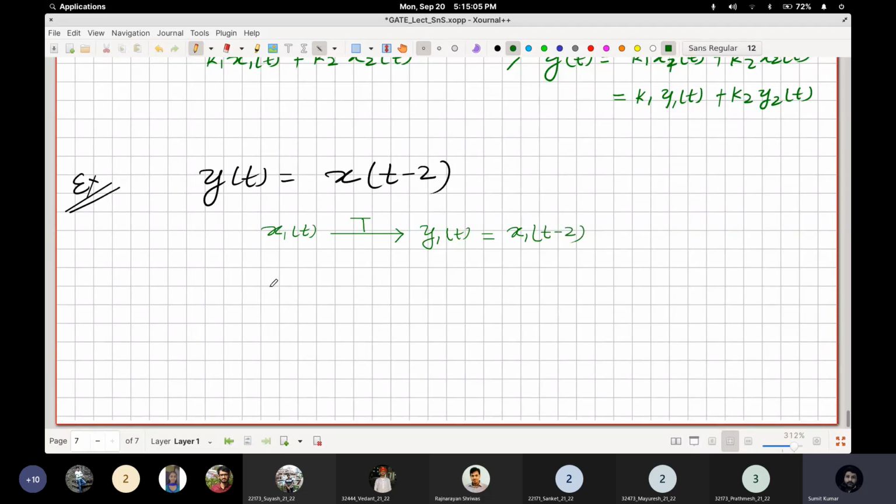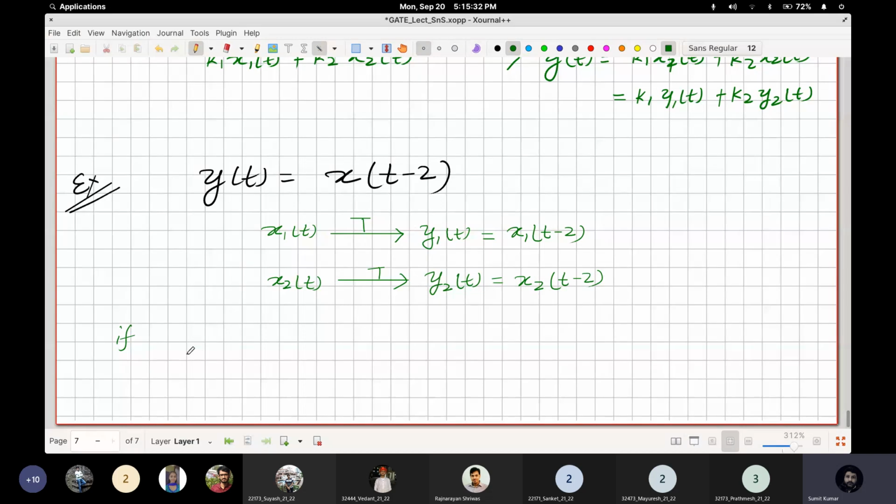Similarly, if x2(t) is the input to the system, the output is y2(t), which will be equal to x2(t minus 2). Am I clear or not?